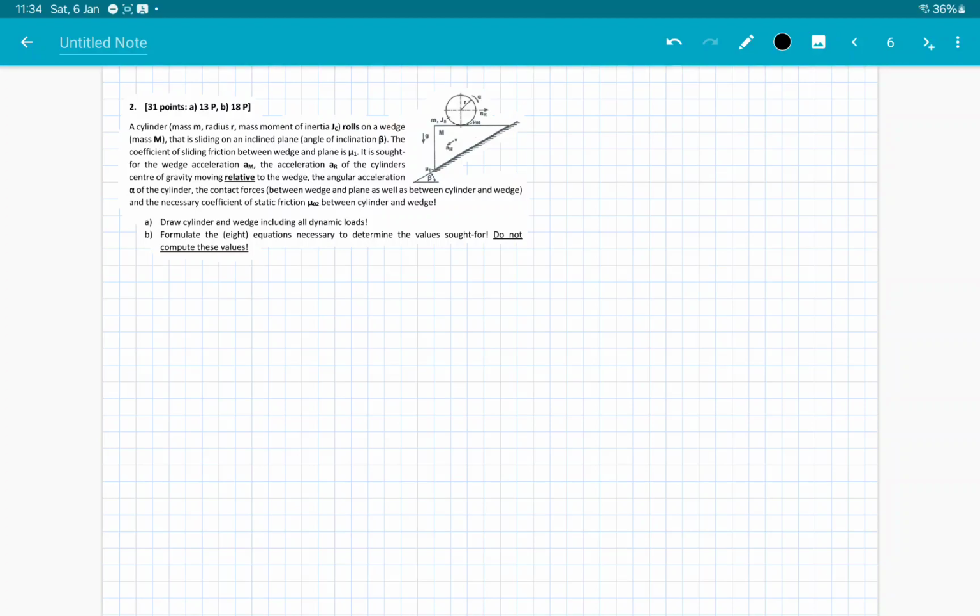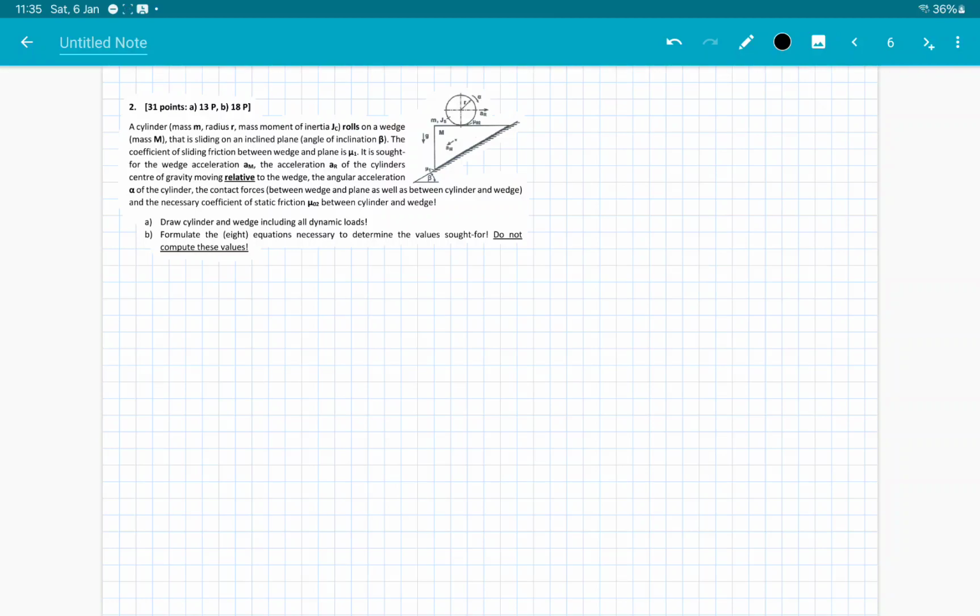Sought are the wedge acceleration aM, the acceleration aR of the cylinder's center of gravity moving relative to the wedge, the angular acceleration alpha of the cylinder, the contact forces between the wedge and the plane, as well as between cylinder and wedge, and the necessary coefficient of static friction mu02 between cylinder and wedge.